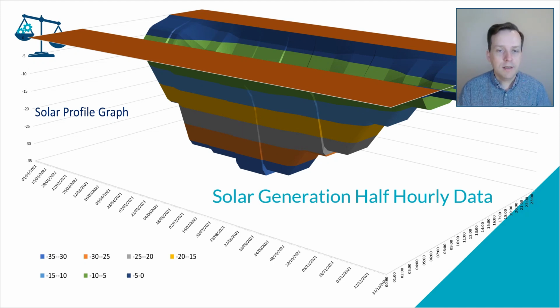So what you can see here is peak generation is in the summer months, June, July, August, at midday. So there's no generation at night, which is obvious for solar, and also limited generation in the winter months.